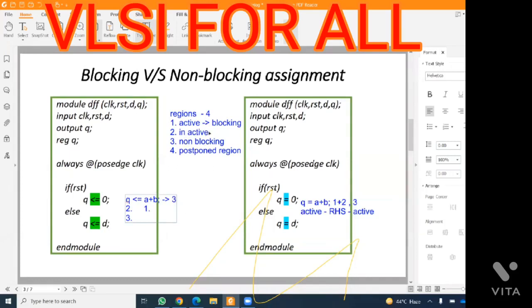So by the way, what is executed in the active region? Calculation happens right inside for blocking and non-blocking, and $display is also executed in this region, right? What is executed in the inactive region?